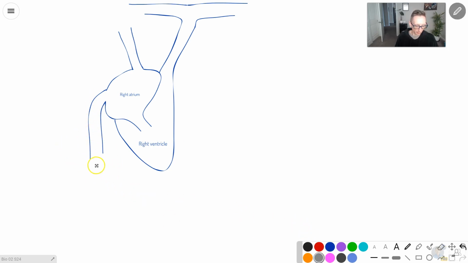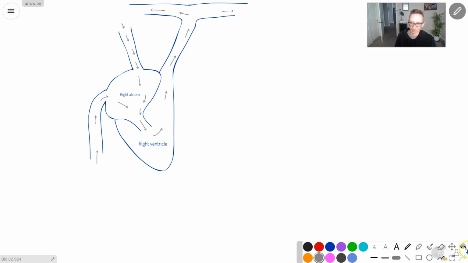Let me draw some blood flow here. Blood gets pumped in like this, and then it comes up here. Blood can also come into the atrium like so, and it also goes down there.